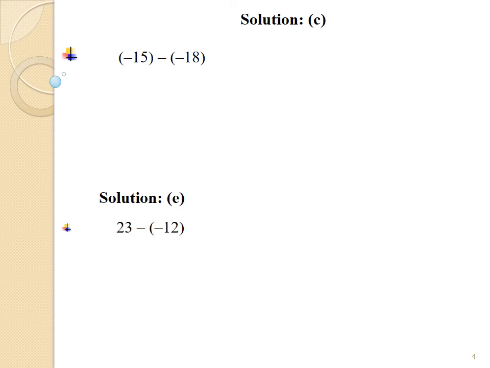Now sum C. Minus 15 minus 18. Students, let us first of all write the additive inverse of minus 18, which is to be subtracted. The additive inverse of minus 18 is 18. Now, let us convert the subtraction sign into an addition sign and write the additive inverse of minus 18.